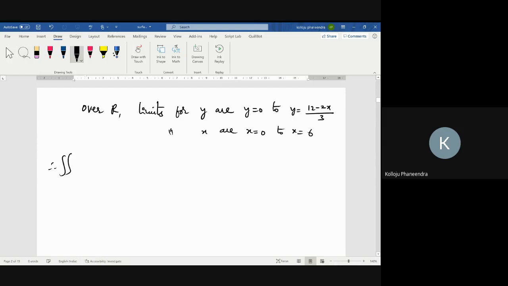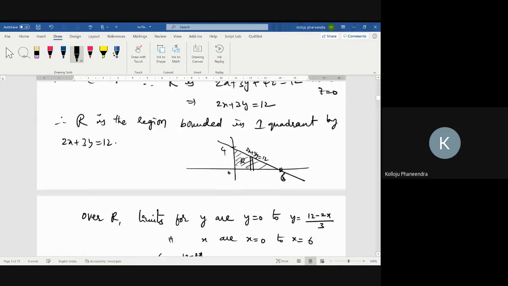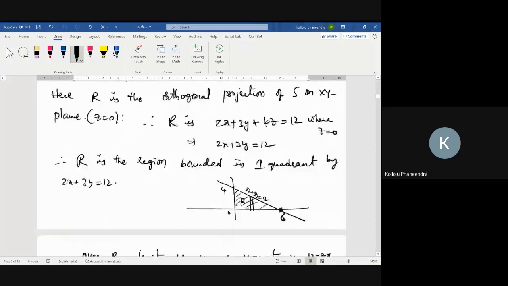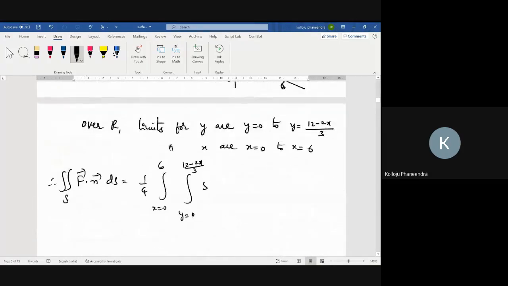Therefore, the double integral over S of F bar dot n bar dS equals 1 over 4 times the integral with y from 0 to 12 minus 2x over 3 and x from 0 to 6 of the integrand 54 minus 6x plus 3y, first dy, then dx.